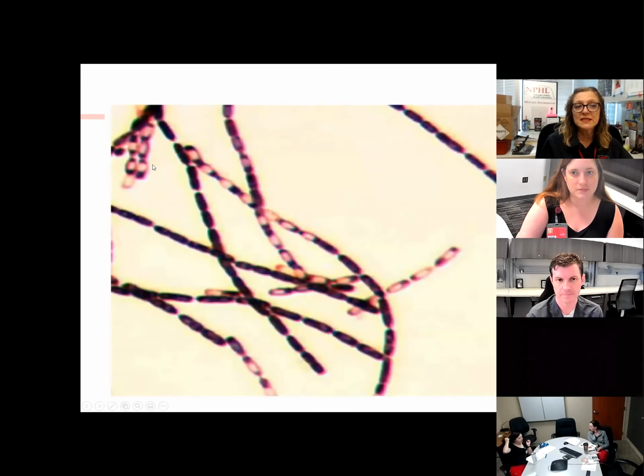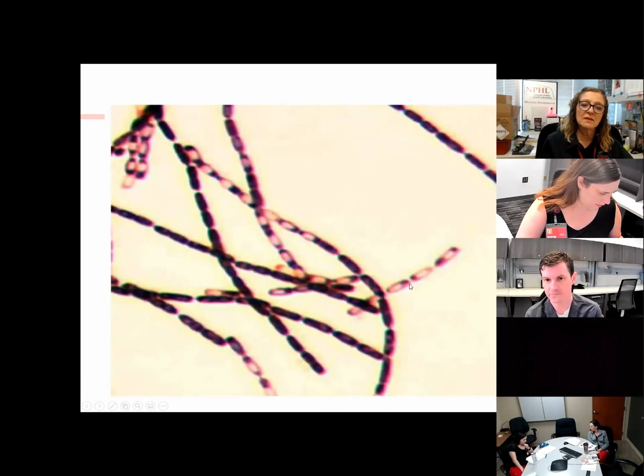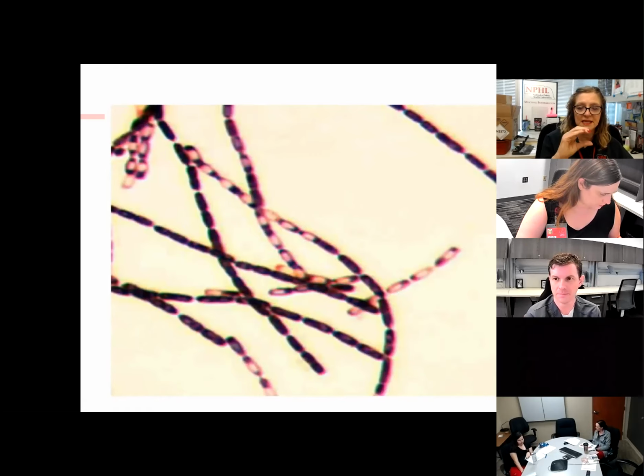But you also see these spores, and you can very definitely distinguish between the septa of two organisms splitting and a true spore that is centrally located in the cell, or subterminal, as they call it.